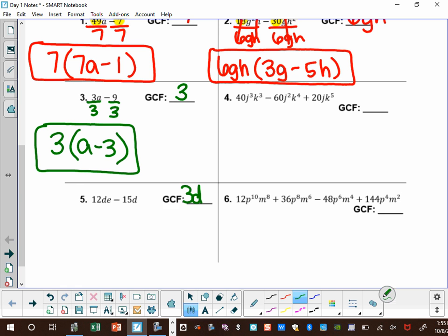I cannot write that E because the 15 does not have E. Do you guys see that? Okay, so 12 and 15, my GCF is 3, and then both pieces have D, so I wrote down D, and then E is by itself, that's not included. It's not in common with both pieces.